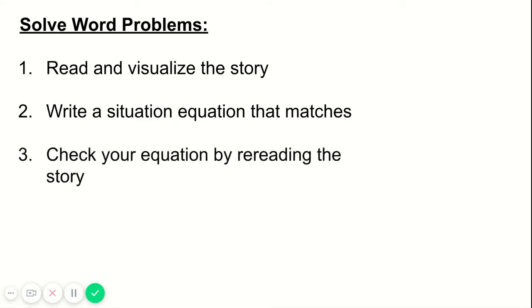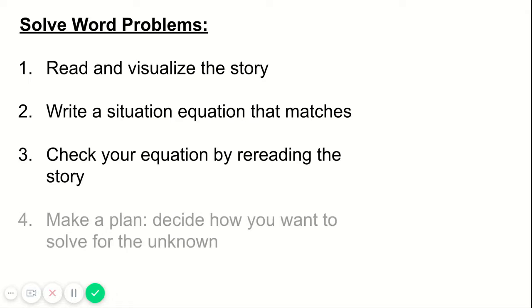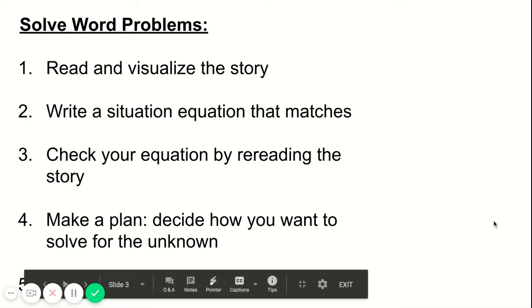Next, I checked my equation by rereading the story to myself. After that, I made a plan. I decided how I was going to solve for the unknown. And finally, I was able to solve the problem. I took 4 steps before I started to solve to make sure that I had a plan that was going to get me to the right answer.